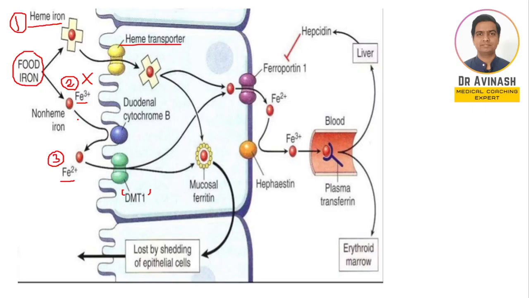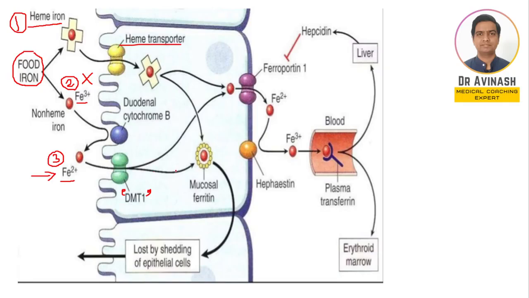Luckily, the acid in our stomach helps us convert Fe3+ into Fe2+. We also have some duodenal cytochrome B enzyme which can convert Fe3+ into Fe2+, and then the Fe2+ is absorbed. So there are only two ways of absorbing iron, heme and Fe2+. Fe2+ goes by DMT, divalent metal transporter number 1.